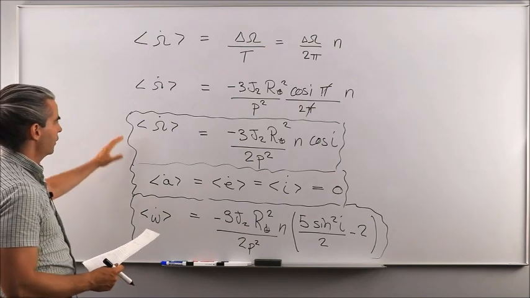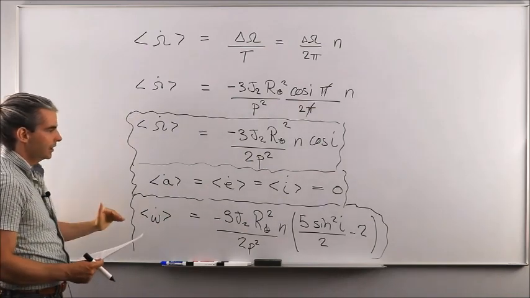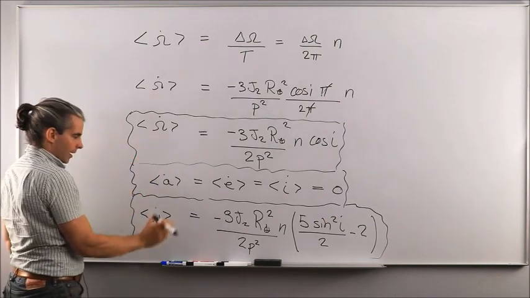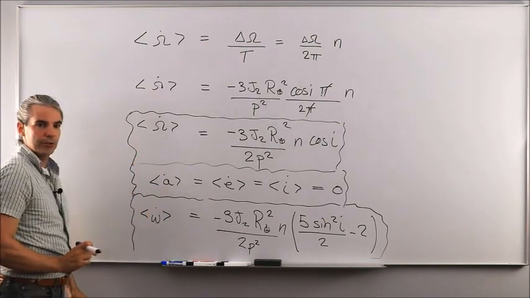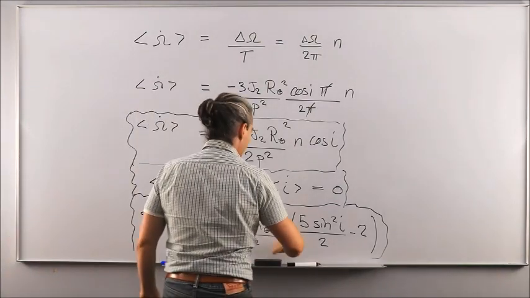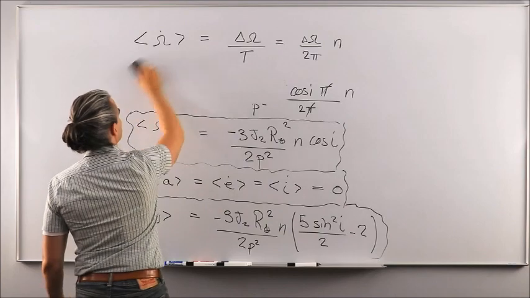Okay, so all in all, J2, as you can see, only has an effect on RAAN and on argument of perigee, which, believe it or not, can be a good thing for us.